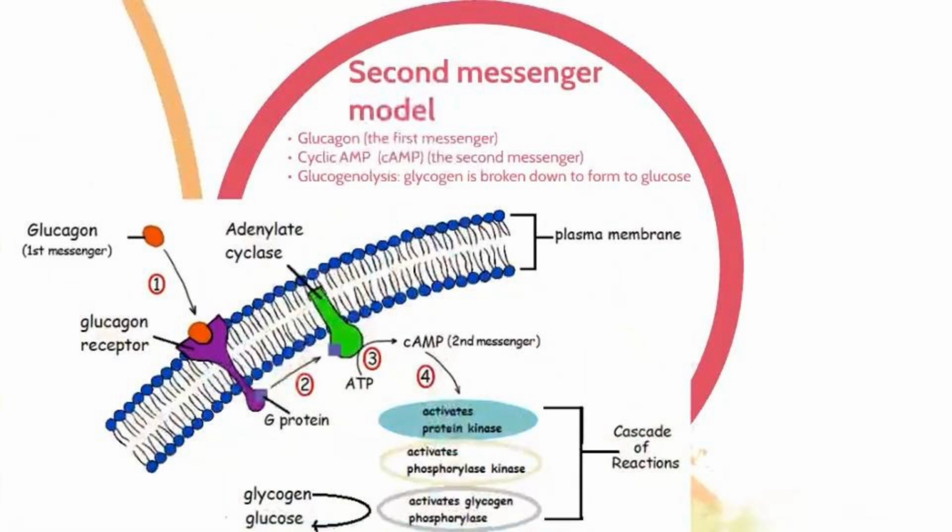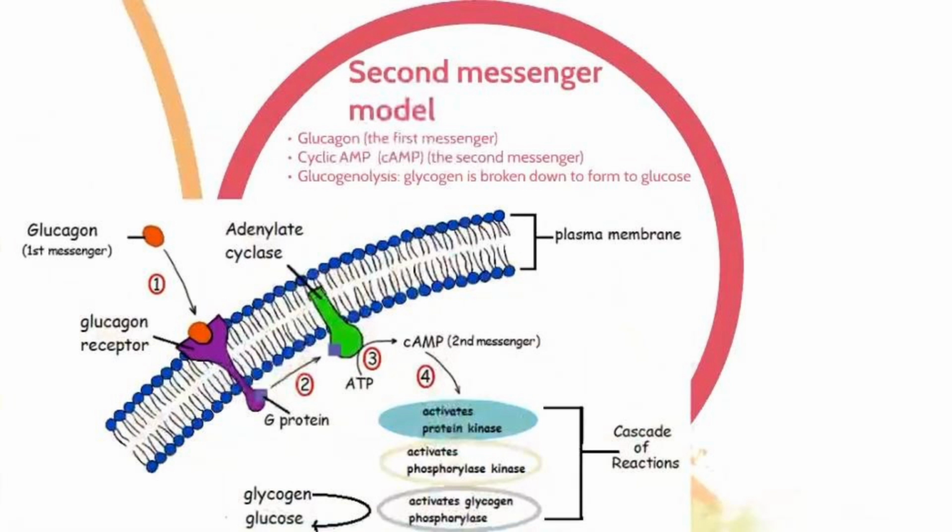I know that sounds confusing, so let's just recap that again. Glucagon binds to a receptor on the cell surface, and once that's happened, it causes the activation of a G protein, which in turn causes the activation of the enzyme adenyl cyclase.